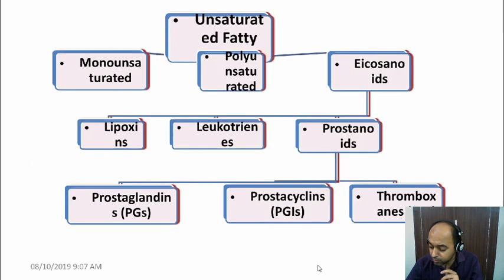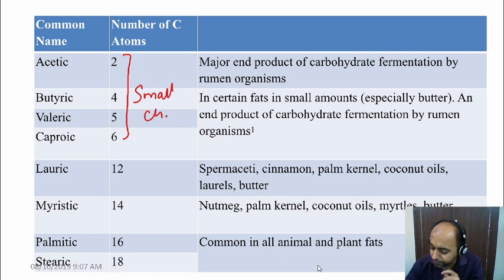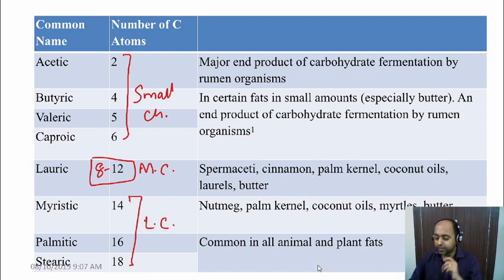Now, when we talk about the saturated fatty acids, we divide them into further groups: the small chain, the medium chain, the long chain fatty acid, and we also have something known as the very long chain fatty acid.